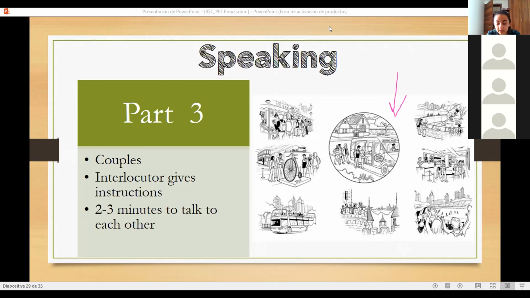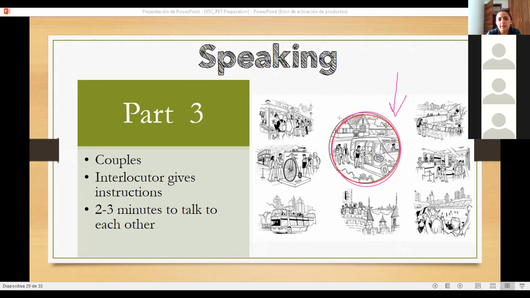Okay, the situation is the following. These students are going on a school trip. Okay, so these students in the center of the picture, they all are going on a school trip. Okay, they are going to the capital of the country.